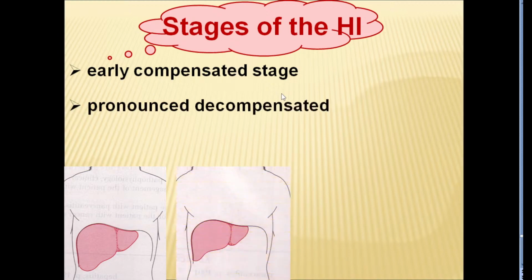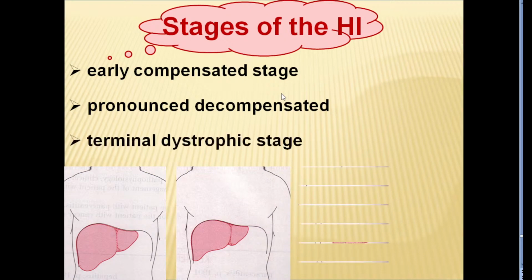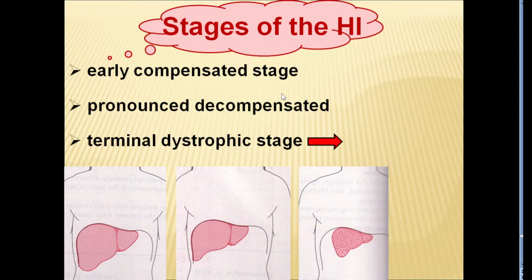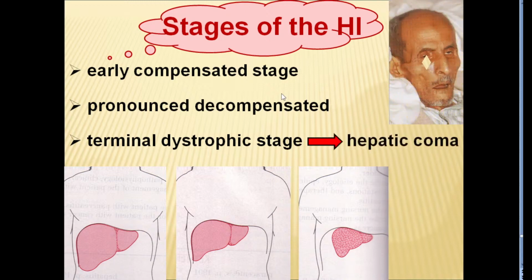Then come the visible subcompensated and pronounced decompensated stages, when all symptoms of liver dysfunction are seen. And last, the terminal dystrophic stage, when the amount of active hepatocytes significantly diminishes, and we see a patient in an unconscious condition, hepatic coma, because first of all the brain goes out in response to progressive intoxication and disordered metabolism.